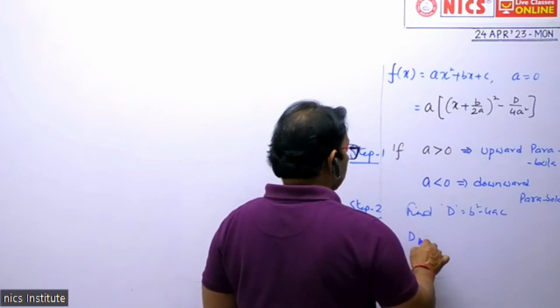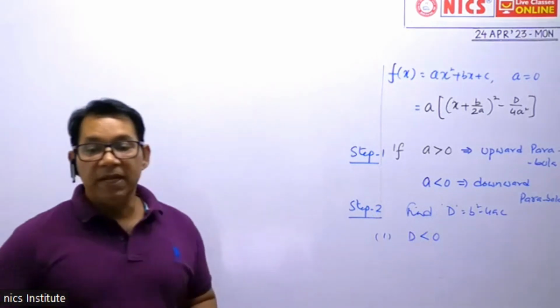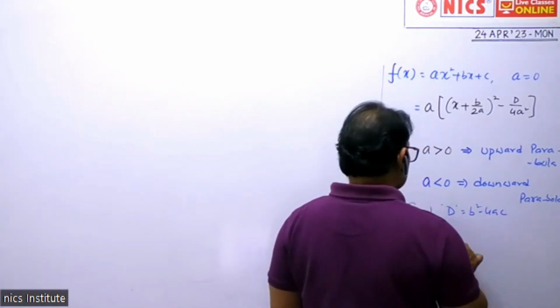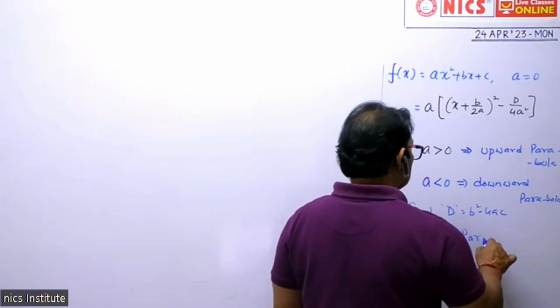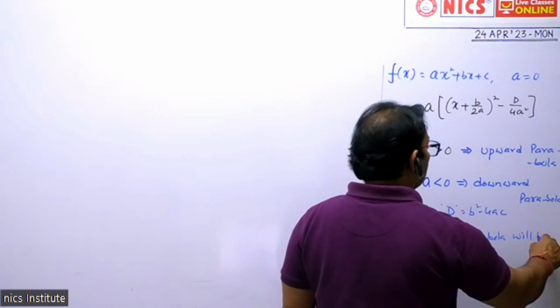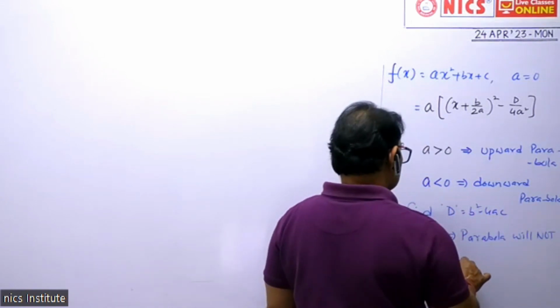Suppose you have D less than 0. If D is less than 0, the parabola will not intersect the x-axis.